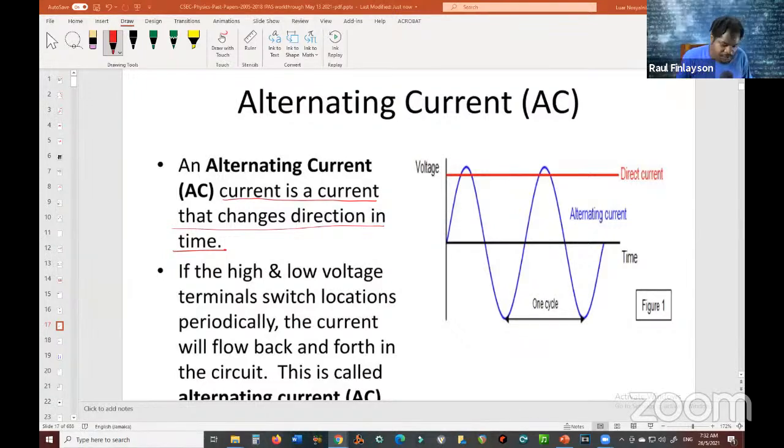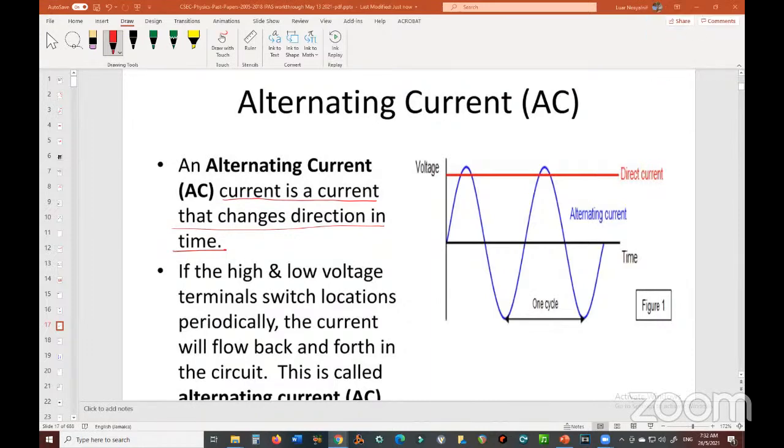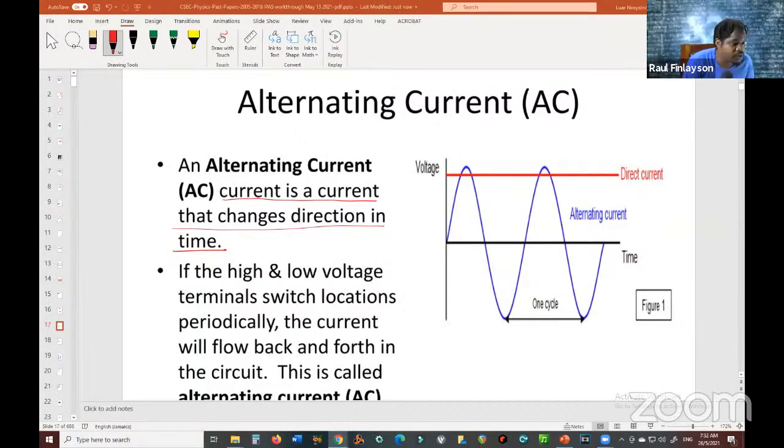I did mention it, you know. All right, does anybody know the source of AC current?